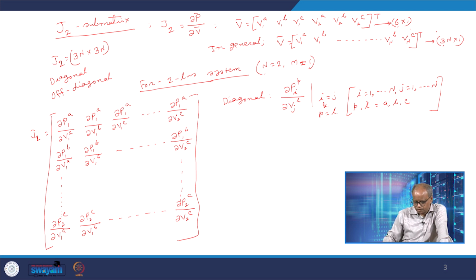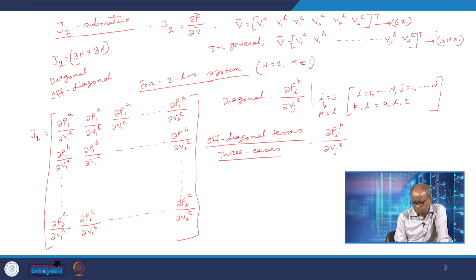For off diagonal terms, there can be 3 terms. There are 3 cases. The off diagonal terms are actually del PIP by del VJL, but with 3 cases. What are these 3 cases?